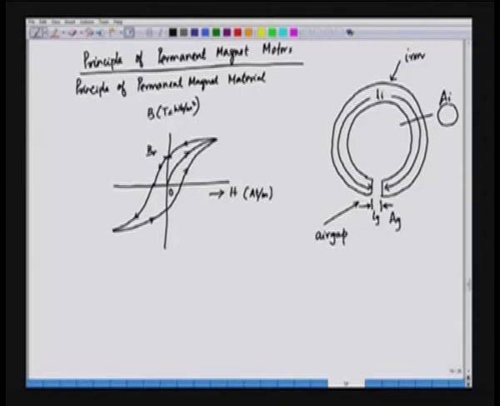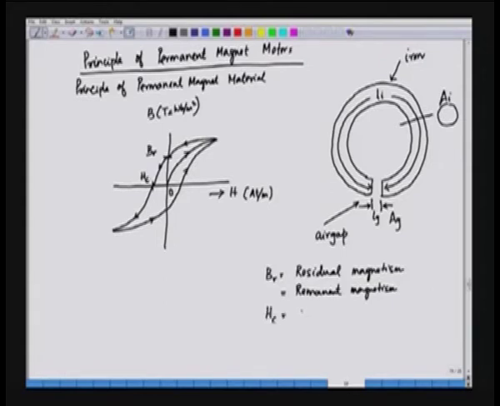This is called residual magnetism or remnant magnetism. All right. And then when we make H negative, B becomes equal to 0, and the value of H for which B becomes equal to 0 is called SC.